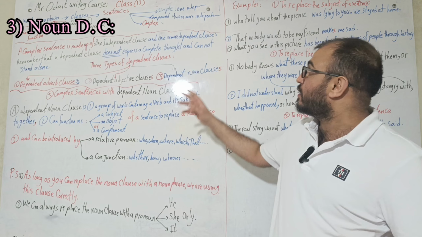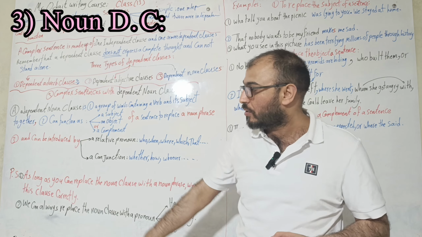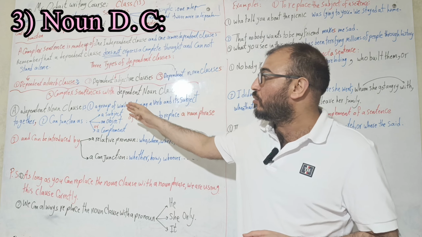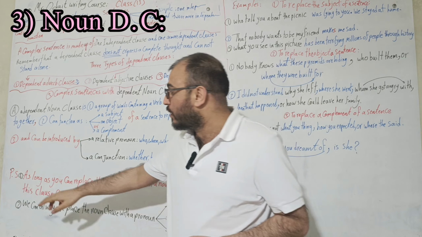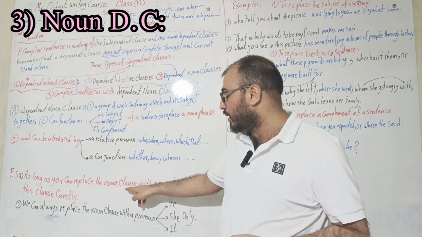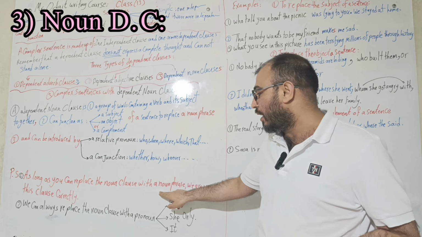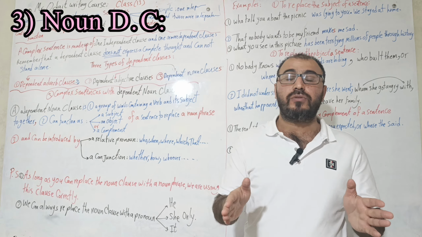Now, my friends, before I start the practical part of this class, allow me to give you two important notices regarding complex sentences with dependent noun clauses. The first one says, as long as you can replace the noun clause with a noun phrase, we are using the clause correctly.